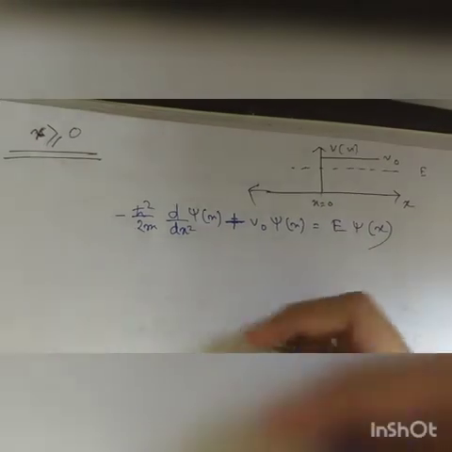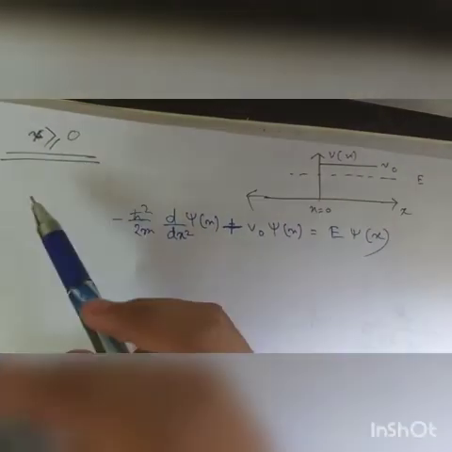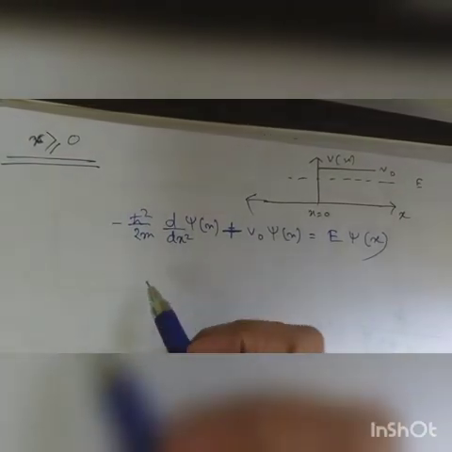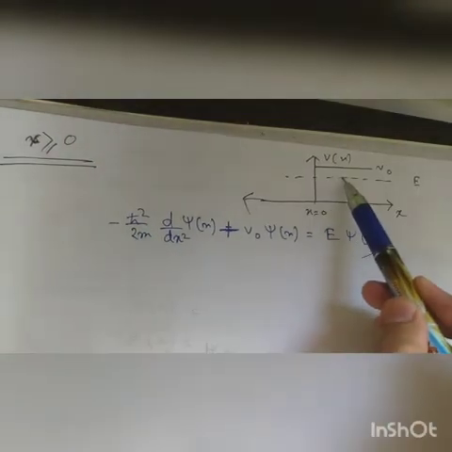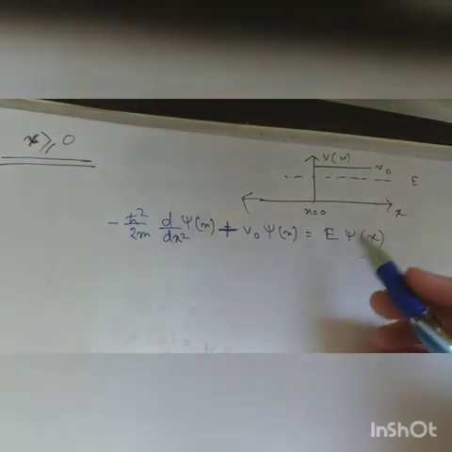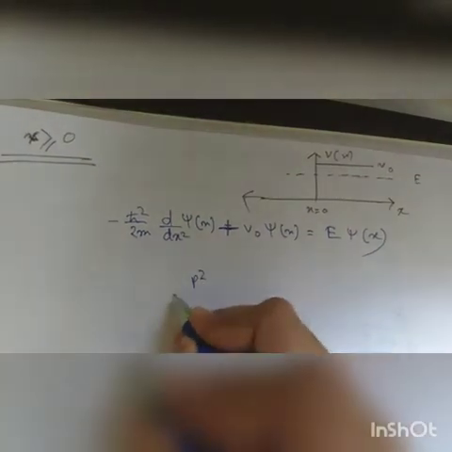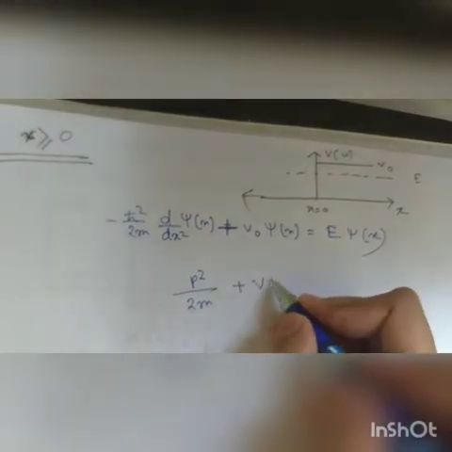Now we would like to solve the time independent Schrodinger equation for the region x greater than or equal to 0. We would like to see classically how a particle would have behaved in this region. In classical mechanics, the total energy is p square by twice m plus V, the potential energy.